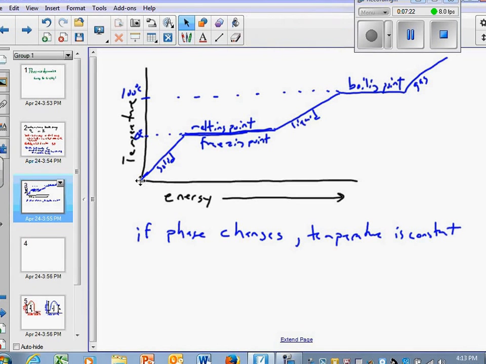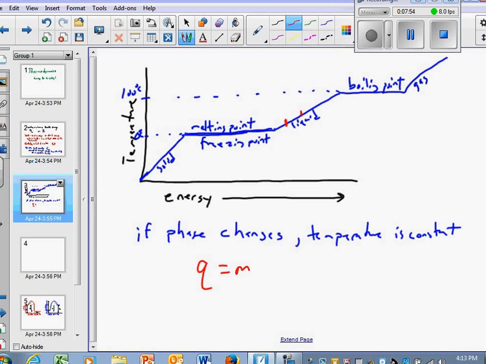Right. We can actually calculate how much energy we have to add to make certain things happen. So let's say I wanted to heat up liquid water from about 5 degrees Celsius to about, I don't know, let's say 10 degrees Celsius. Okay. How much energy do I have to put in to do that? Well, in order to calculate that, since I'm staying in one phase and changing the temperature, I'm going to use a heat equation.